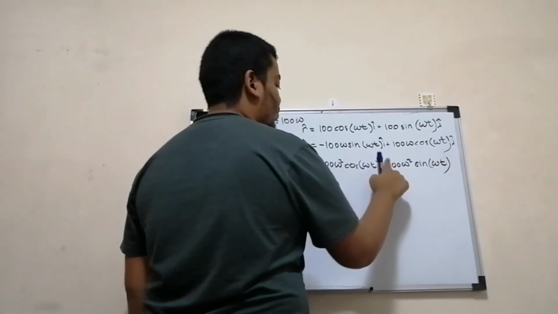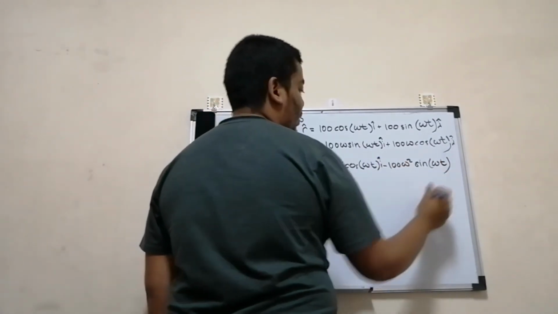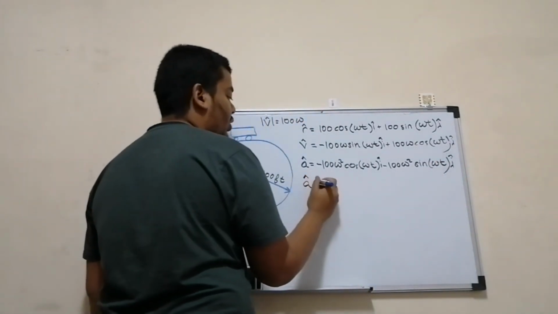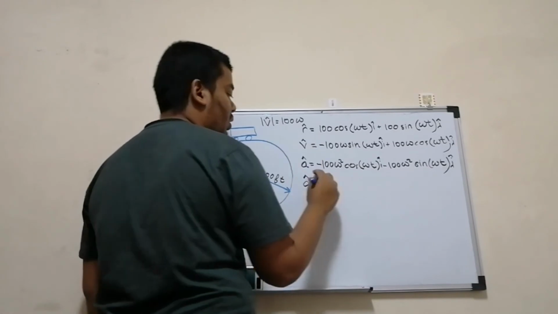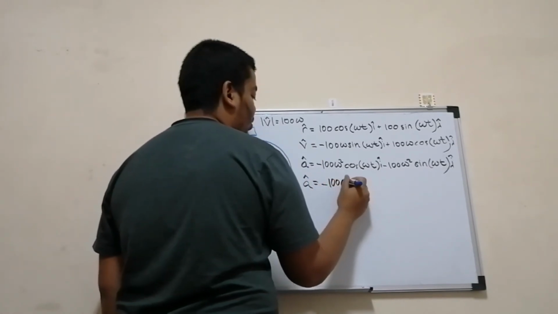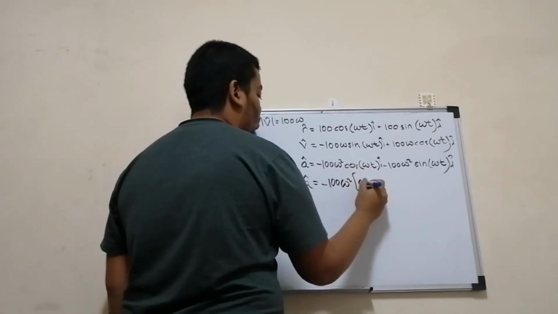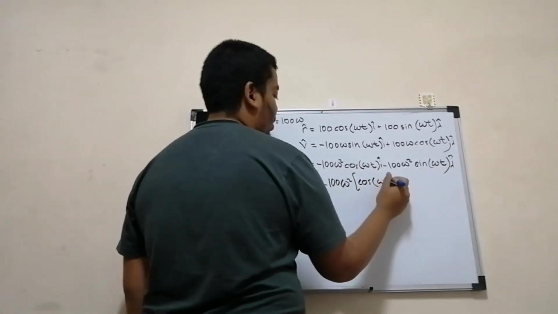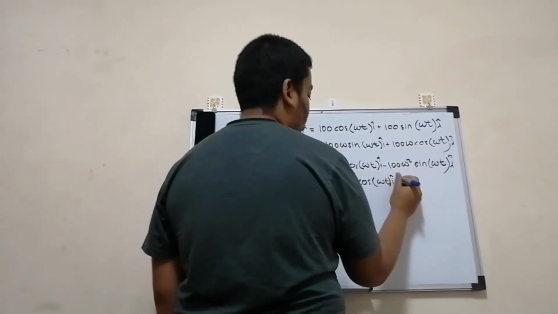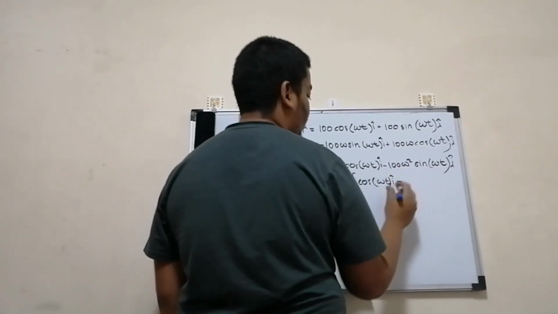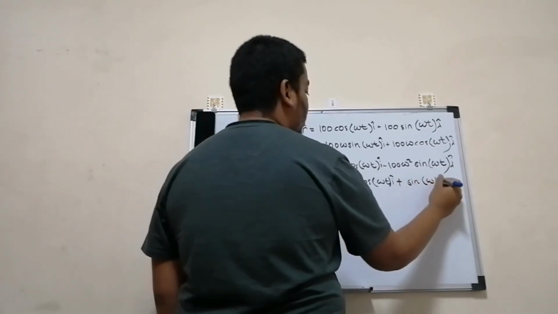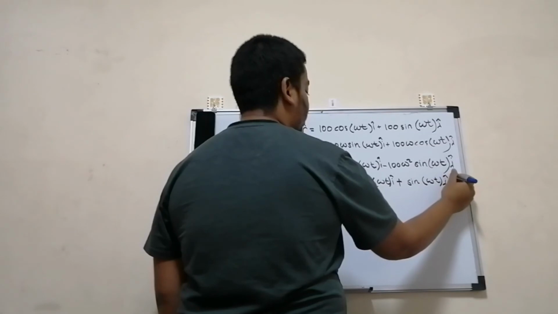If you take the negative 100 omega squared as common outside, we'll be left with cos of omega t as the i component minus sine of omega t as the j component.